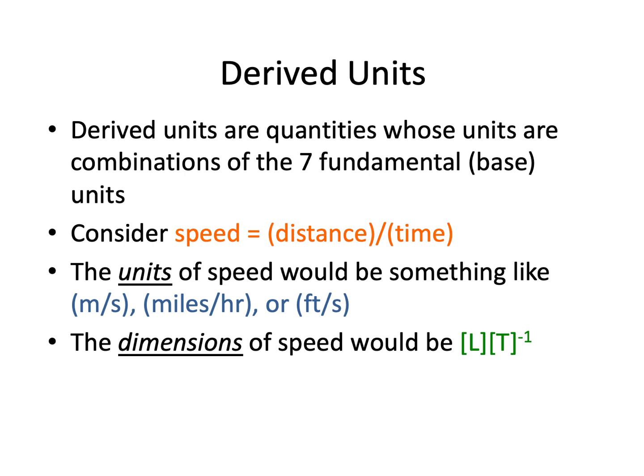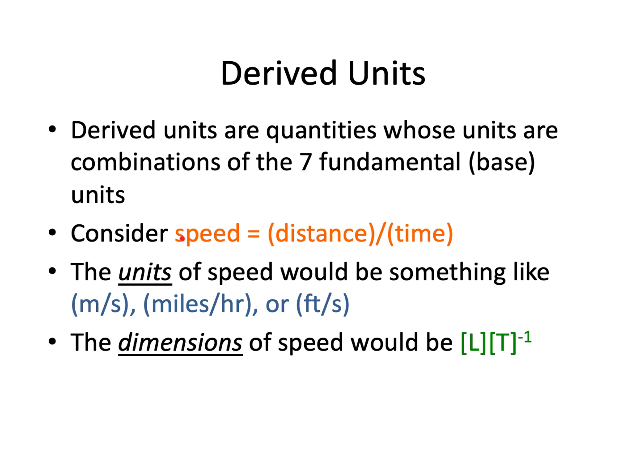Now, we have talked about the fundamental units, the 7 fundamental units. And we said earlier that we can combine those in ways to make more complicated concepts. And so derived units are essentially the units for concepts that are generated by combining fundamental units. What do I mean by that?